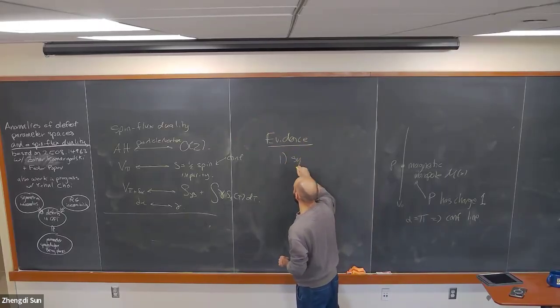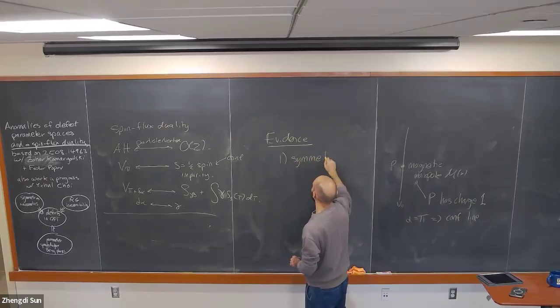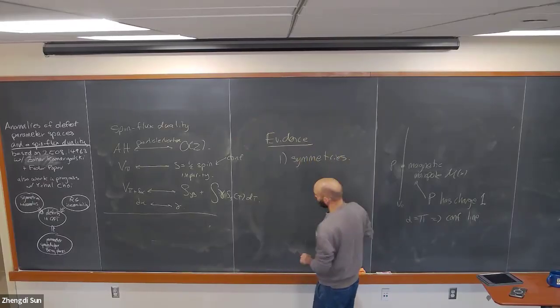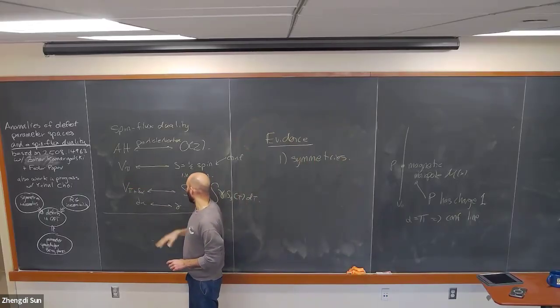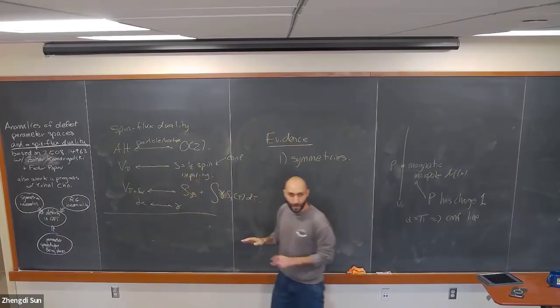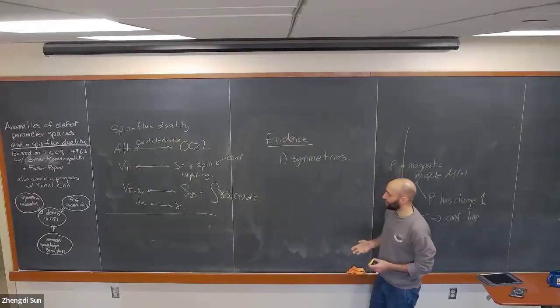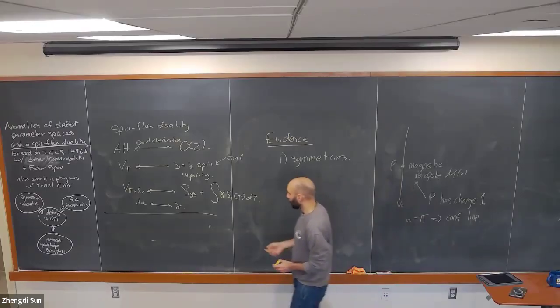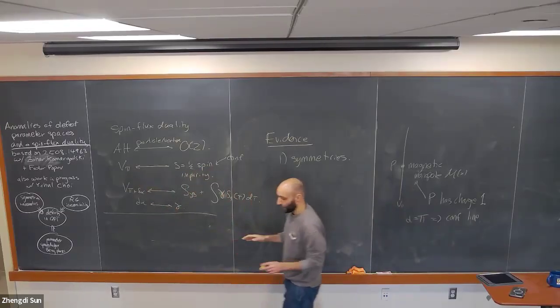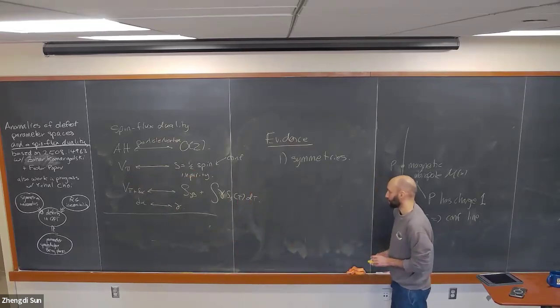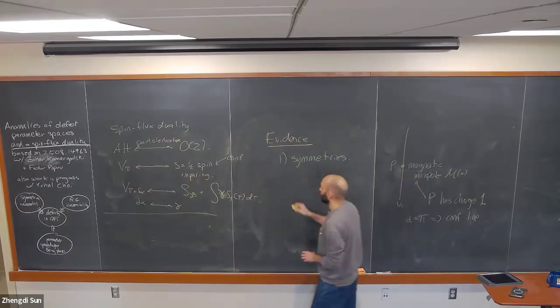The first thing is that the symmetries match. When the holonomy is pi and when gamma is 0, then both line defects preserve the full bulk O2 symmetry. When you turn on this gamma parameter, or a non-trivial holonomy, then you break the O2 down to a U1. So that's the first check.